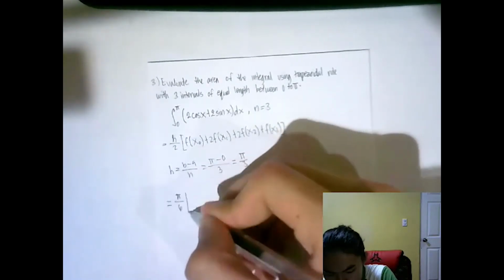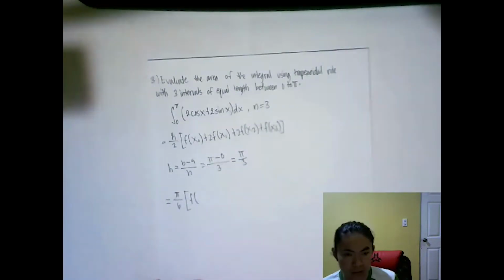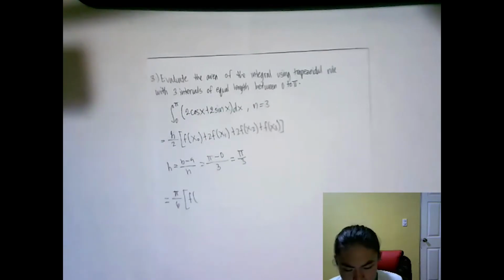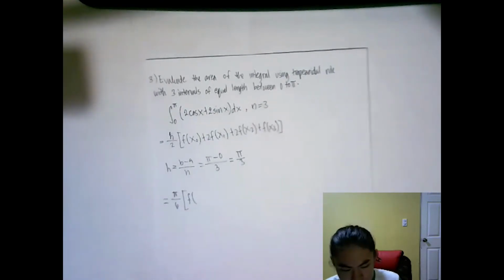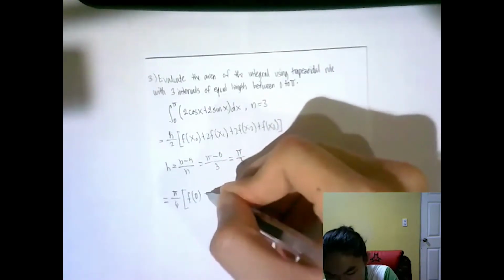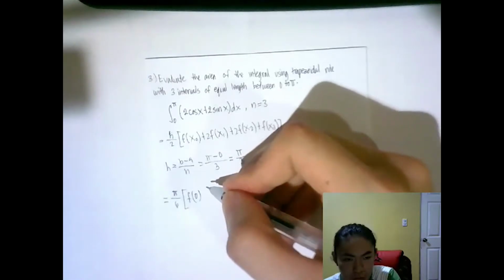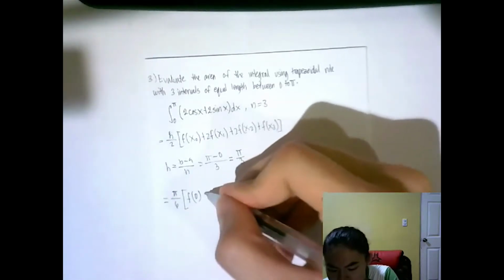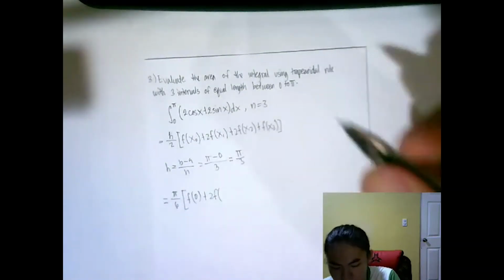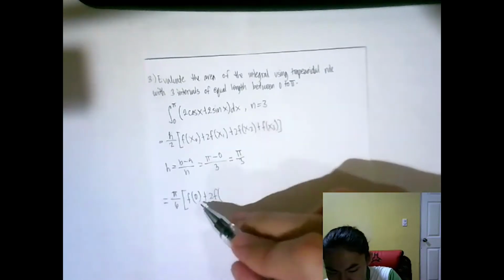And ang naging value nandito is 0 plus pi over 3, which is also pi over 3 plus 2f pi over 3 plus pi over 3 is 2/3 pi or 2 pi over 3 plus ang ating last term f of pi. Kasi galing siya sa ating upper limit or ang ating b.